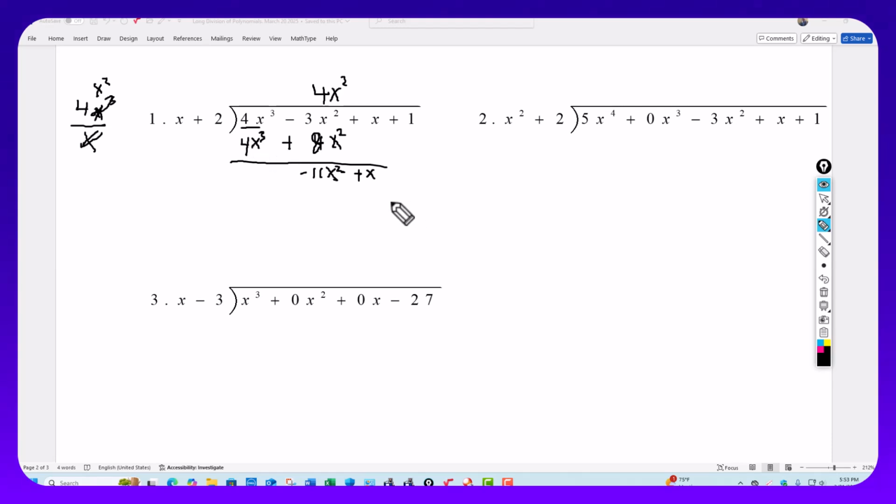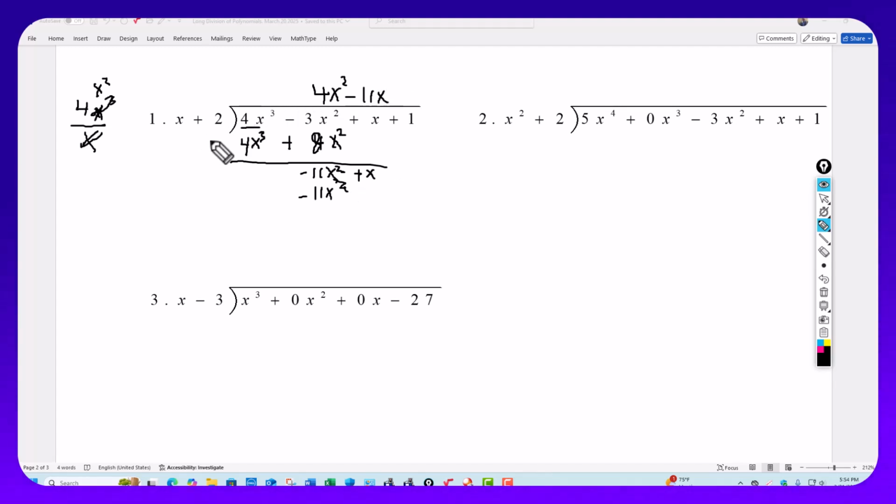And then we proceed. Divide the x into the minus 11 x squared. And this will be a minus 11x. And then we multiply again times the divisor. So minus 11x times x gives me a minus 11x squared.